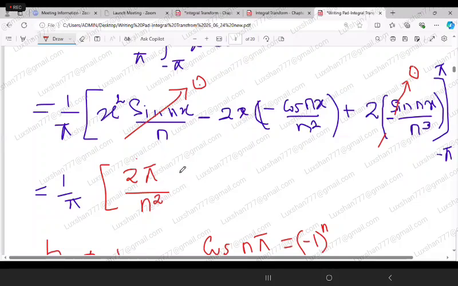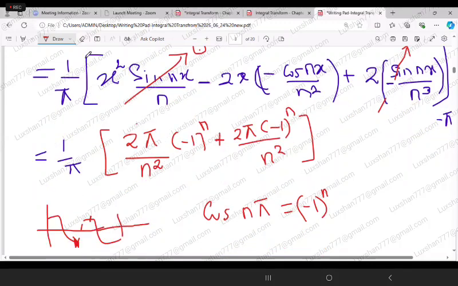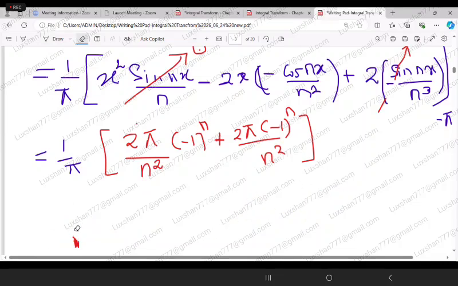Therefore, here if you put that one, we get minus 1 to the power n, minus, then if you put minus pi, this becomes plus 2 pi, again minus 1 to the power n over n squared. Then if you simplify this, pi gets cancelled.